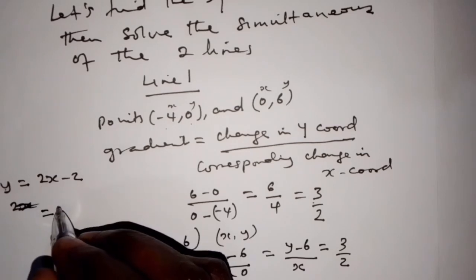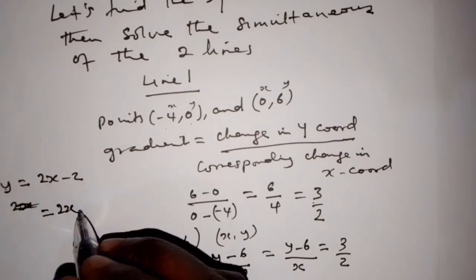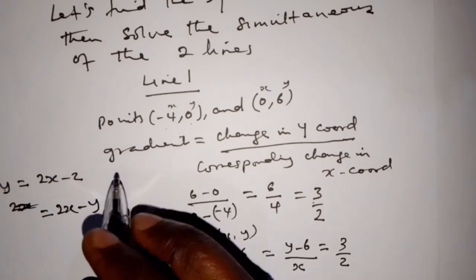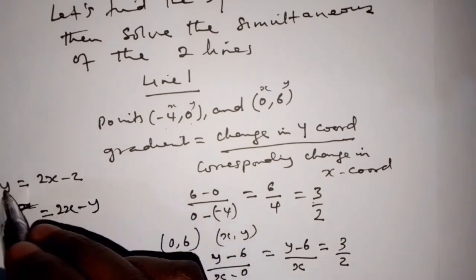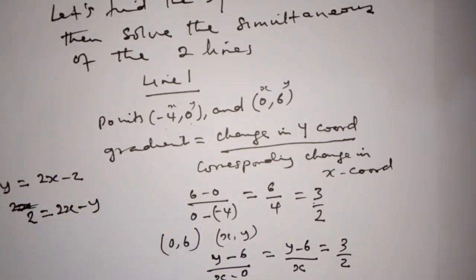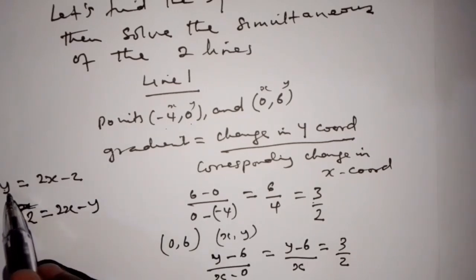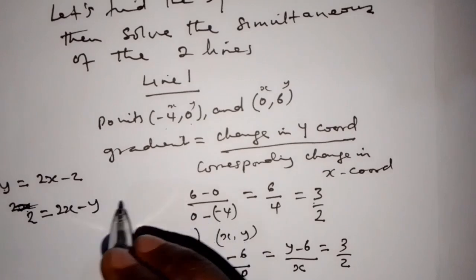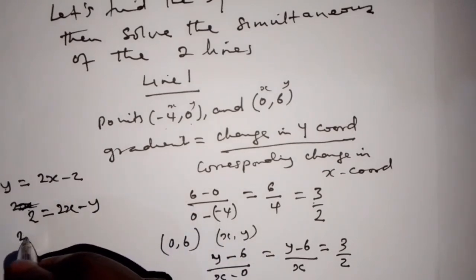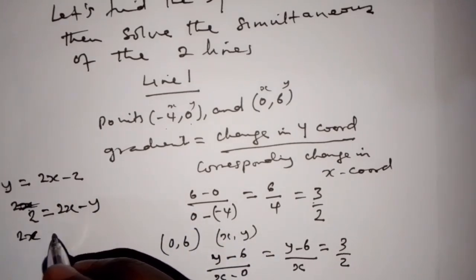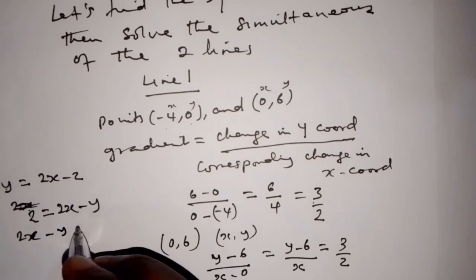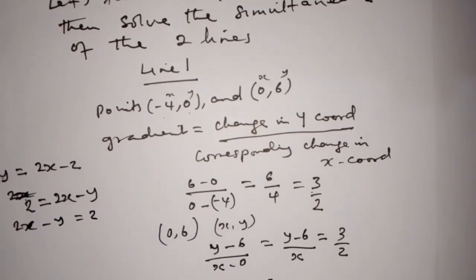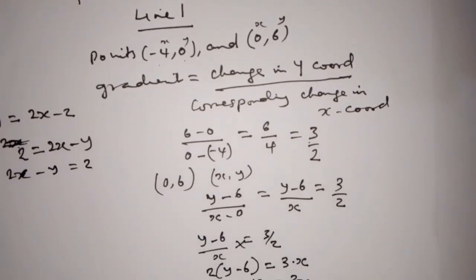So we can say that this is 2x minus y is equal to, we bring negative 2 this other side, is equal to 2. 2x minus y is equal to 2.